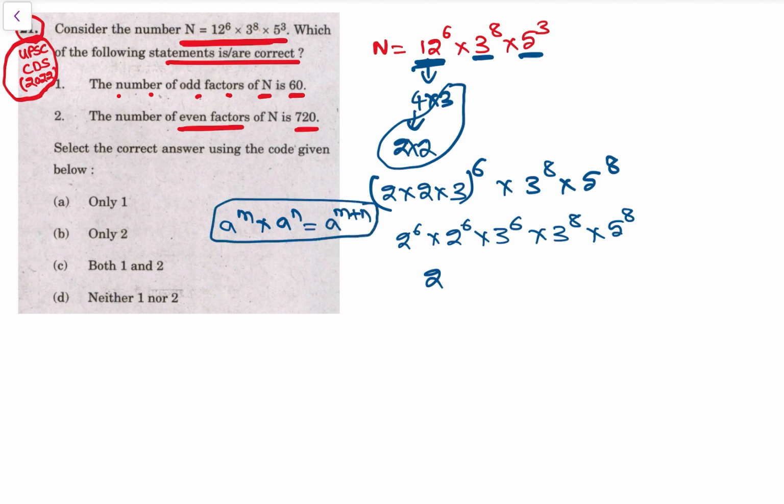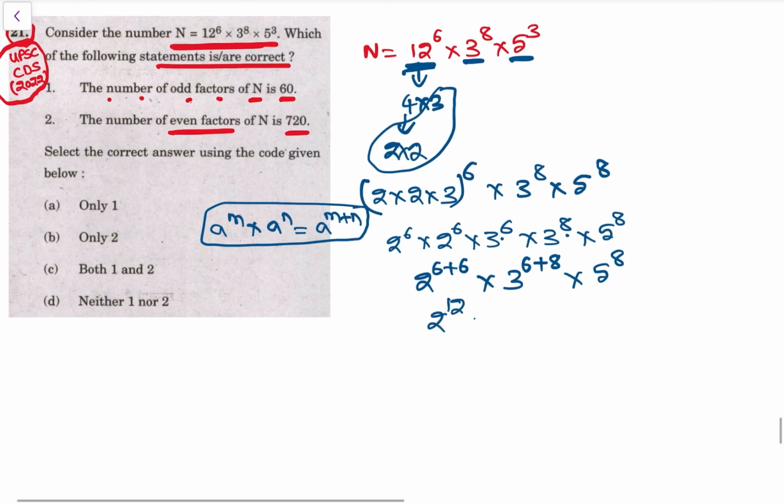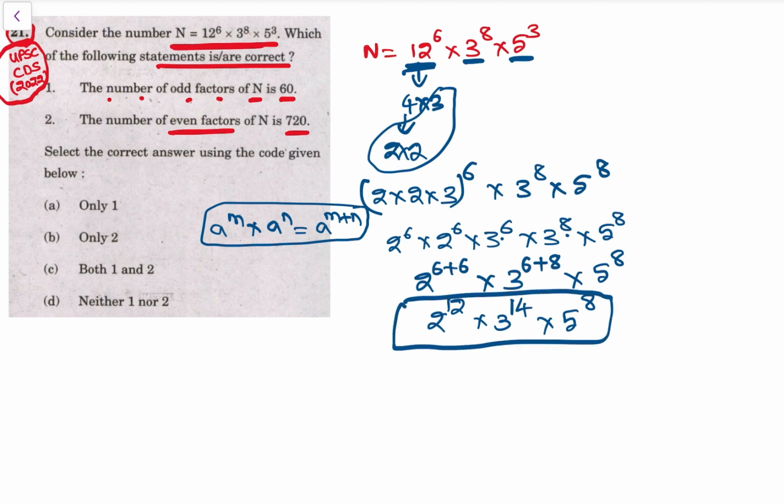So 2 to the power 6 into 2 to the power 6 is 2 to the power 6 plus 6, and 3 to the power 6 into 3 to the power 8 is 3 to the power 6 plus 8, into 5 to the power 3. I am covering every basic thing and explaining it too. So 2 to the power 12 into 3 to the power 14 into 5 to the power 3. Now we have the prime factorization form of this number.